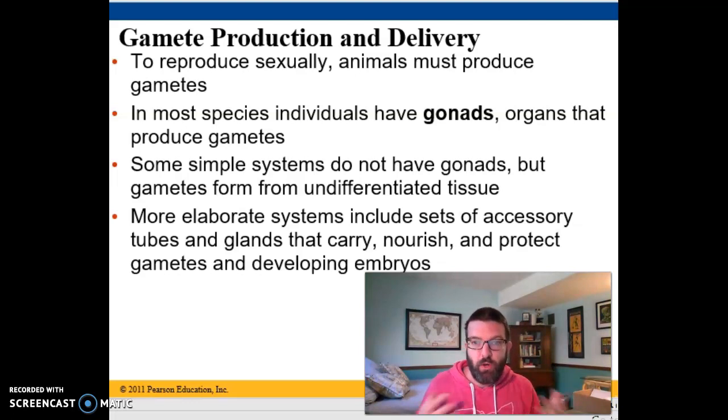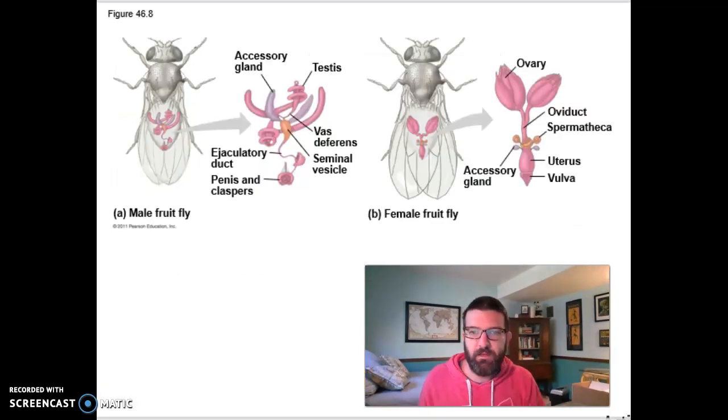And usually along with those gonads, you have a complex system of glands and tubes that help to nourish the gamete as it's being produced and deliver it where it needs to go, and then sometimes also nourish and protect the developing embryo. Here you can see the elaborate sets of tubes and glands that have evolved around the testis and the ovaries in fruit flies.